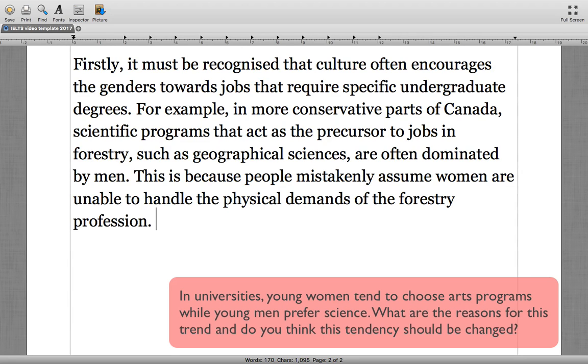Okay, and now I think we can just lightly counter this because that will help set us up for the following paragraph where we address, do you think this tendency should be changed?